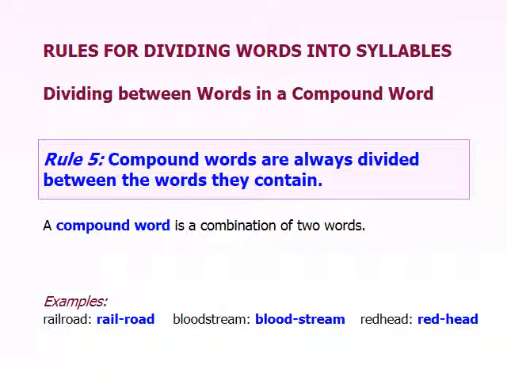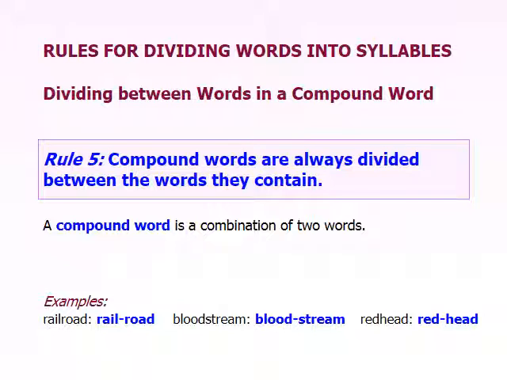And our last rule has to do with compound words. A compound is a combination of two words. One of the ones that we had earlier in this PowerPoint was sunscreen. So you have two words there, sun and screen. And the rule is that when you have a compound word, you just divide between the two words. Okay?